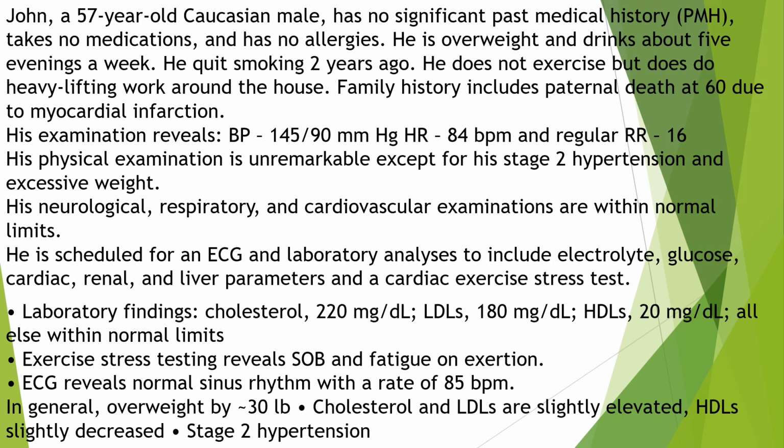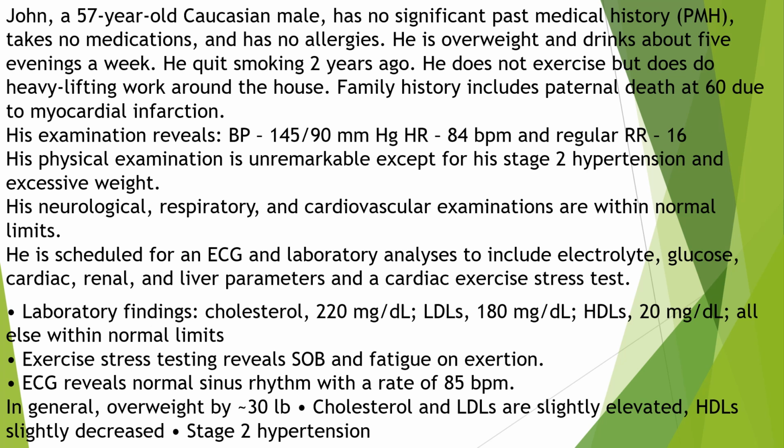A 70-year-old Caucasian male has no significant past medical history, takes no medication and has no allergies. He is overweight and drinks about 5 evenings a week. He quit smoking 2 years ago. He does not exercise but does do heavy lifting work around the house.